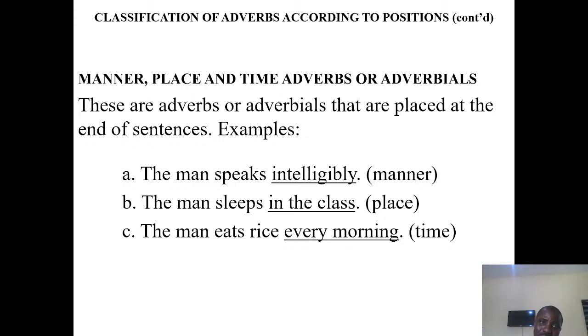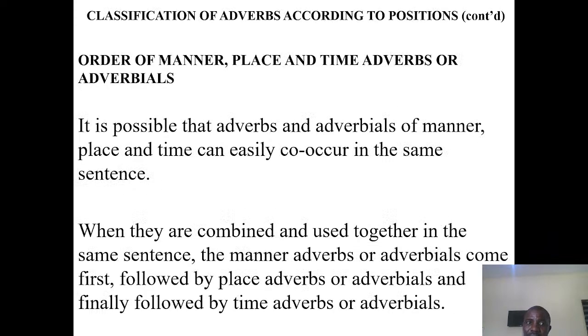But there is also another of this manner, place, and time. We can use manner, place, and time adverb in one sentence. And if we observe that, which one will come first? It is possible that adverb and adverbial of manner, place, and time can easily co-occur in the same sentence.